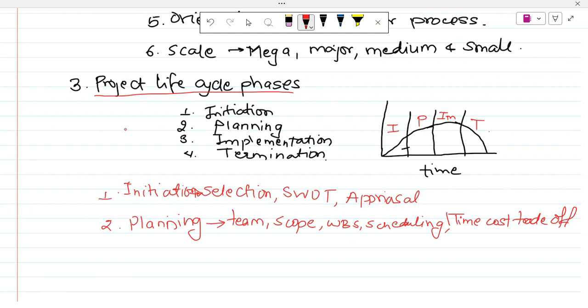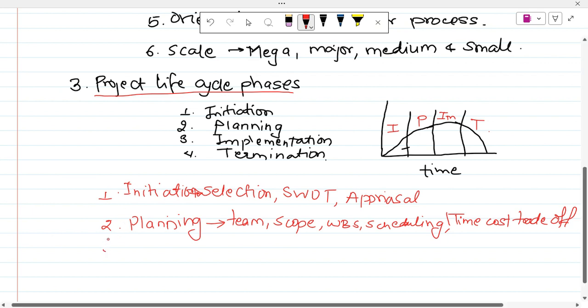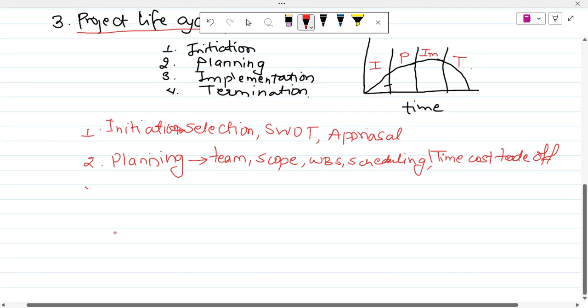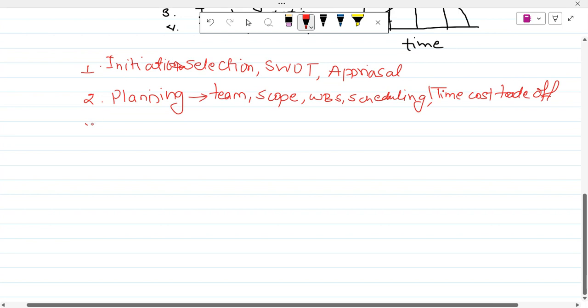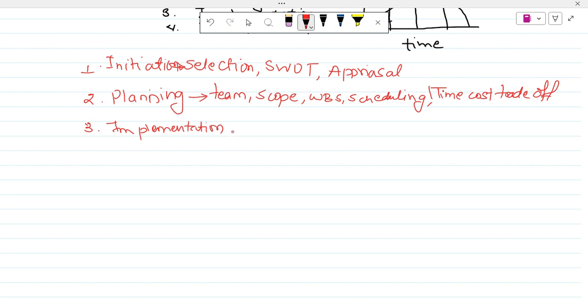During the project implementation, the tasks done are team organization, and the team is organized.